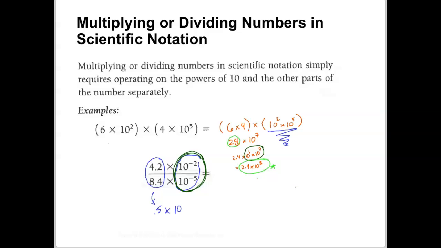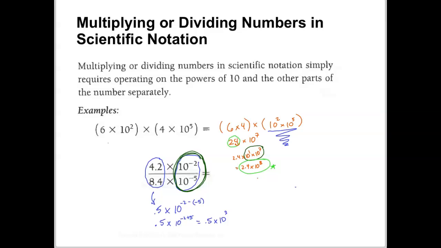So it's going to be -2 minus -5, right? So it's actually -2 plus 5. All right, so that's 0.5 times 10 to the third.